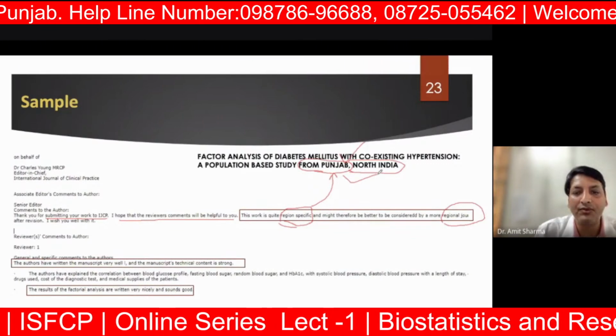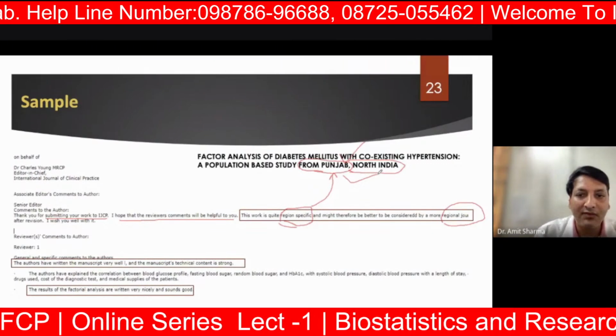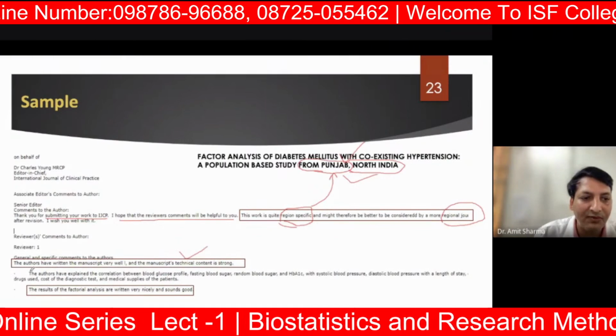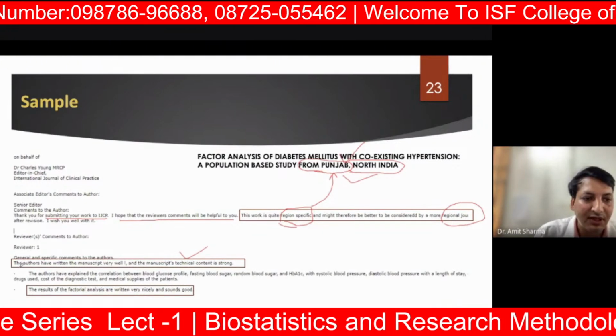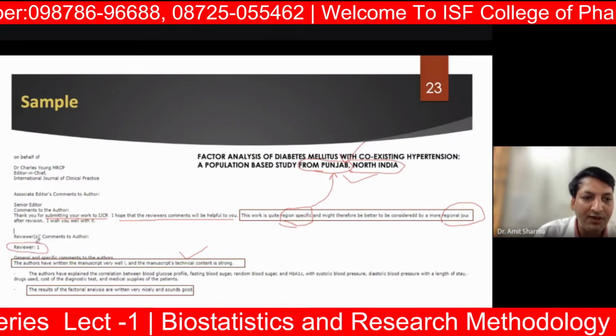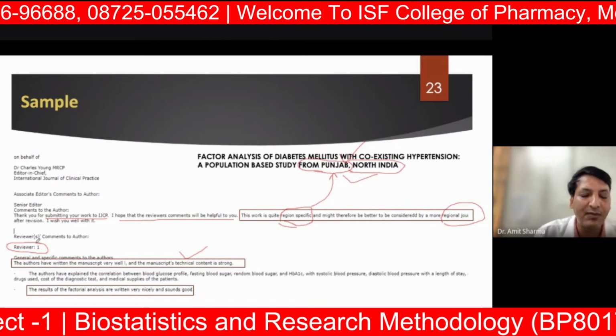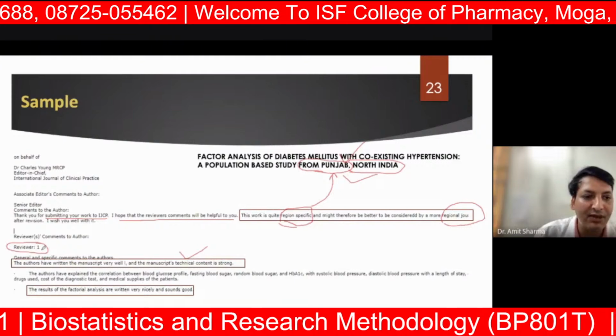We don't want to consider it. Clear? Even the reviewer's comments were very good. You can see the kind of comment I received. Reviewer one; there are always 2 or 3 reviewers. All 3 reviewers gave similar comments, but I have taken only one reviewer's comment in the slide.